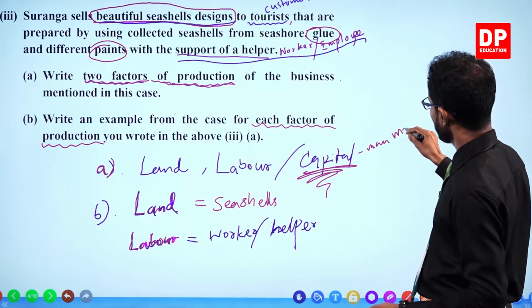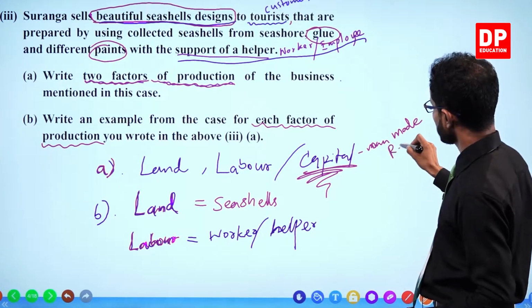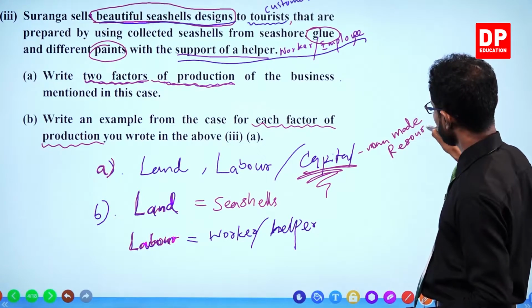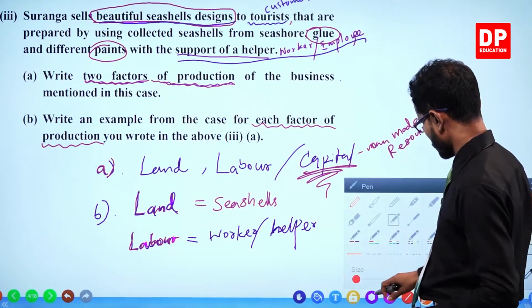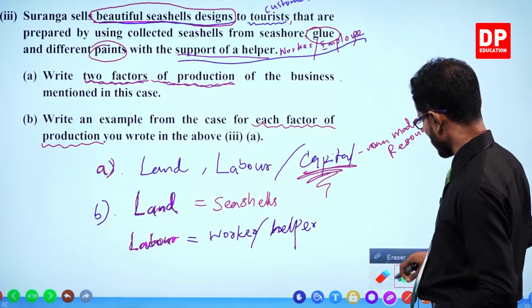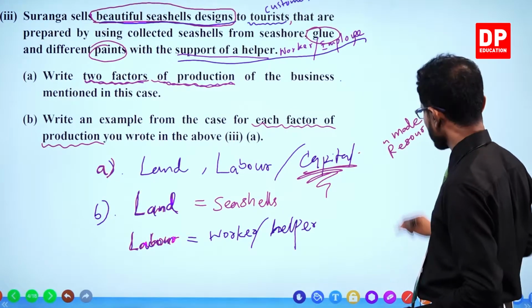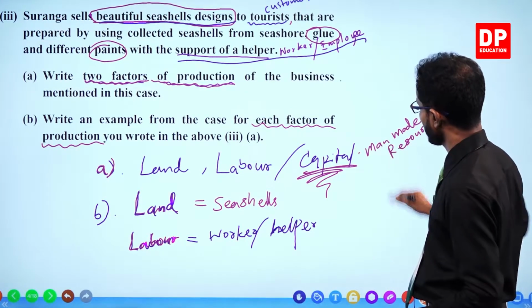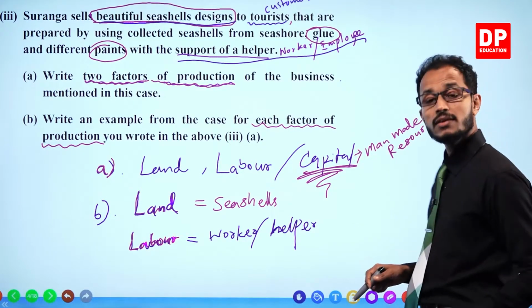Because capital means man-made resources which are put in to produce something. Capital means man-made resources.